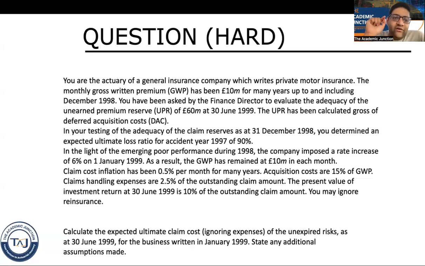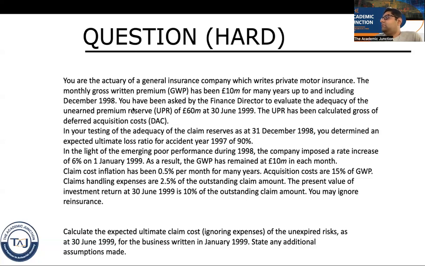So you have to now read the last part again. Read the last paragraph aloud. Acquisition costs are last para. Claim inflation has been 0.5% per month for many years.